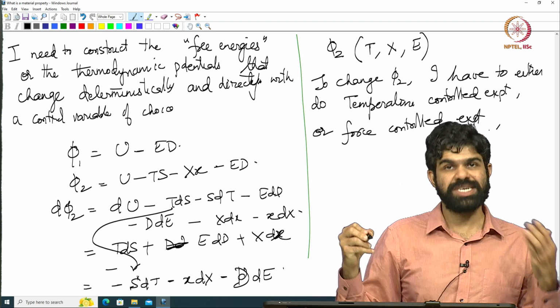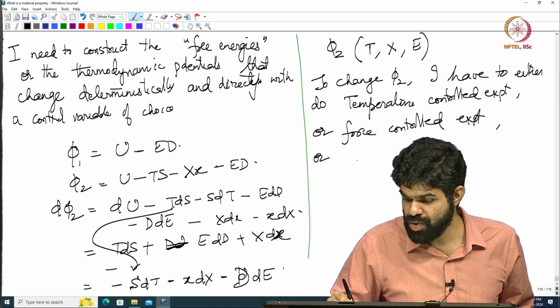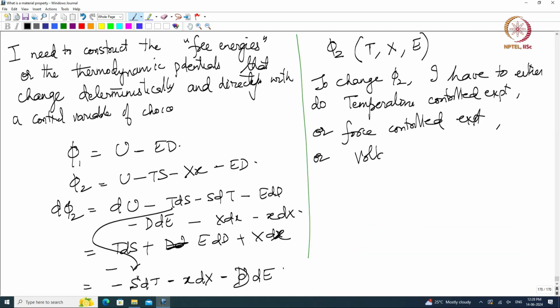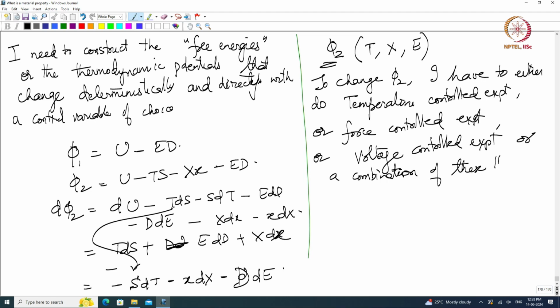That is how I control stress, or I have to do a voltage controlled experiment electrically, or a combination of all. I can apply stress, force, and voltage simultaneously, right, and then change the phi 2 of the material, right. So, a combination of these three, okay.